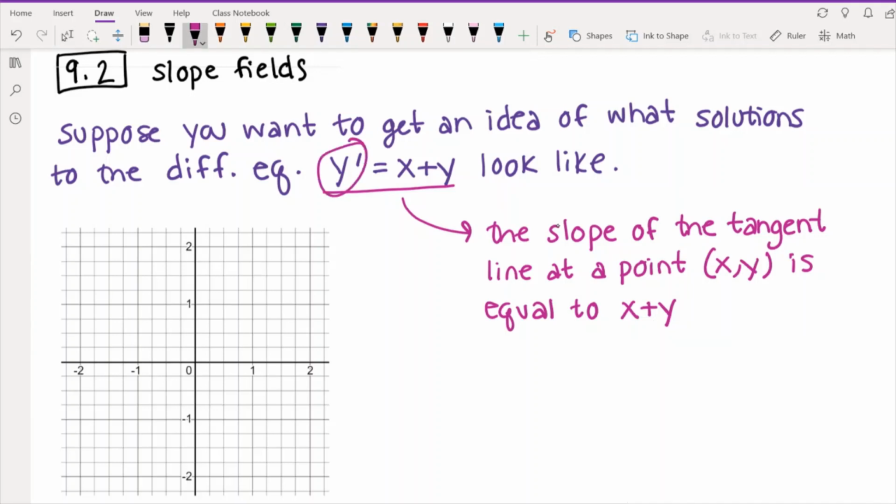And then the right-hand side says, well, that's going to be equal to whatever the x coordinate is plus the y coordinate. And so what we can do is pick a few key points and start to sketch what the slope would look like at those points by adding together the x and y coordinates. And then that will start to give us a picture of what the different solutions to this differential equation might look like. So let's do that.